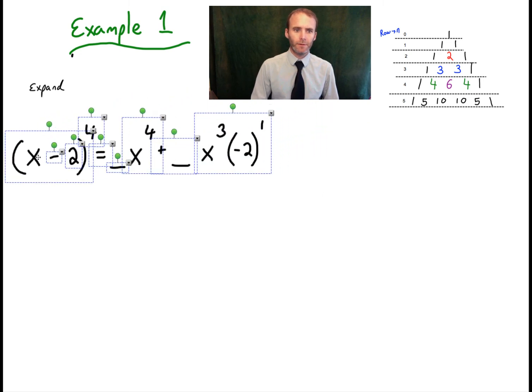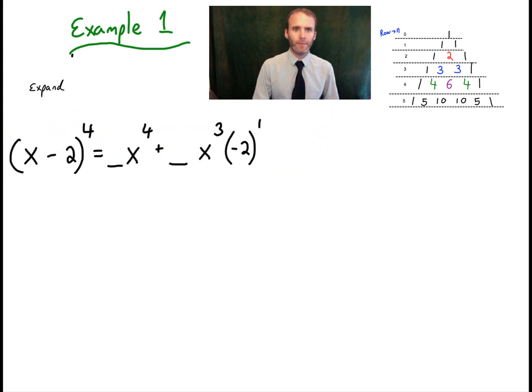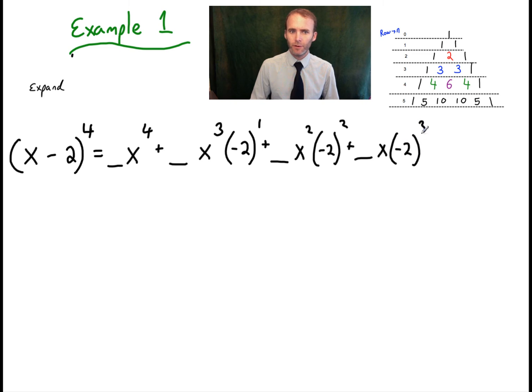I'm going to move this down a bit. Now, again, we're going to have a blank here, and now we're at x squared, negative 2 squared, plus x to the first, negative 2 cubed, and we're almost done. We're going to have a blank. I'm not going to write the x because it's x to the 0, and we have negative 2 to the fourth.